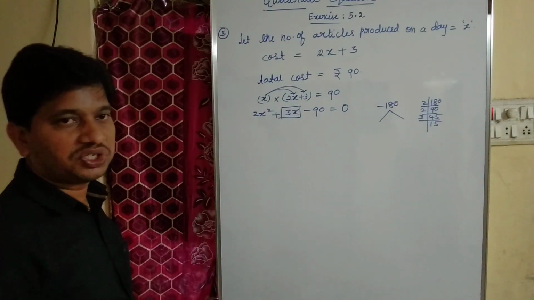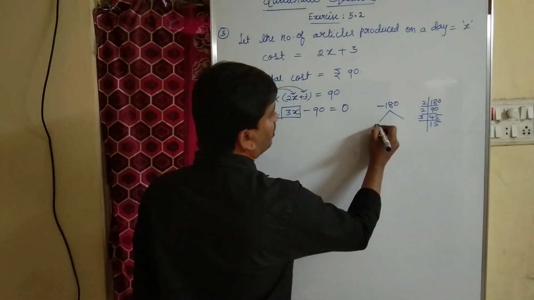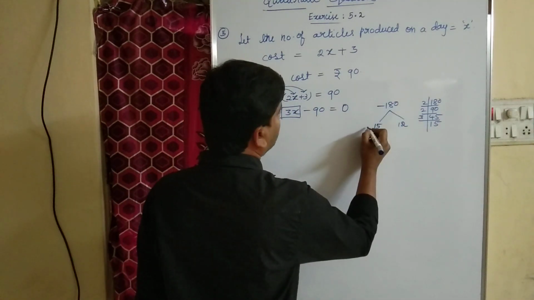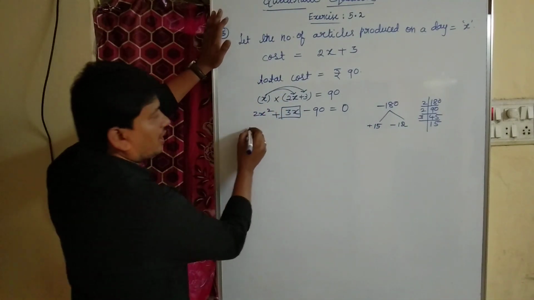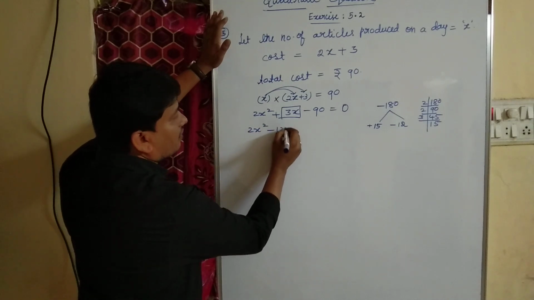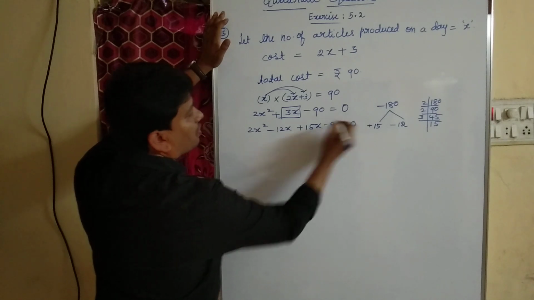Yes, 15 and 12, children. So the possible factors are 15 and 12, that is plus 15 and minus 12. Okay, so let me write 2x square minus 12x plus 15x minus 90 equal to 0.